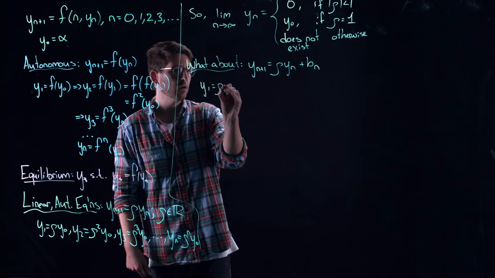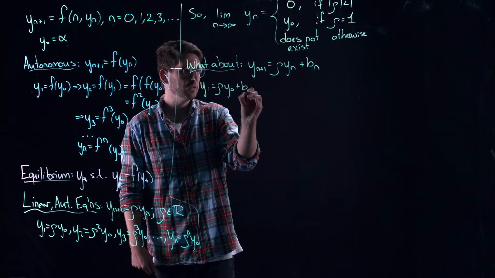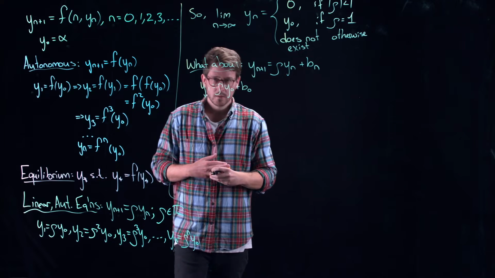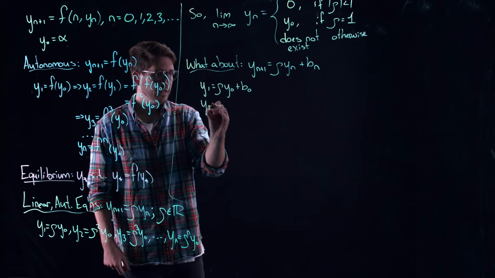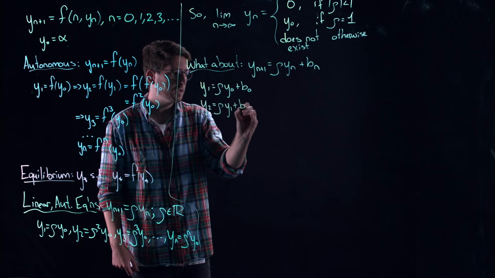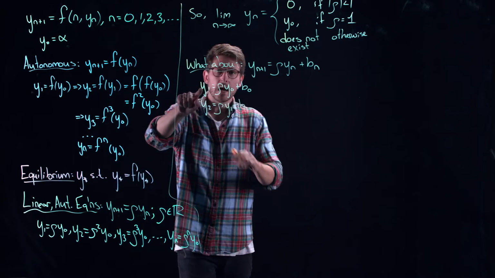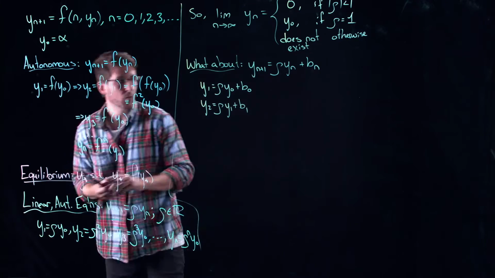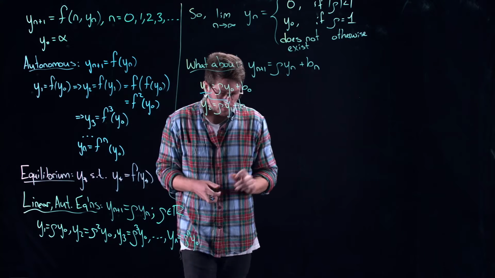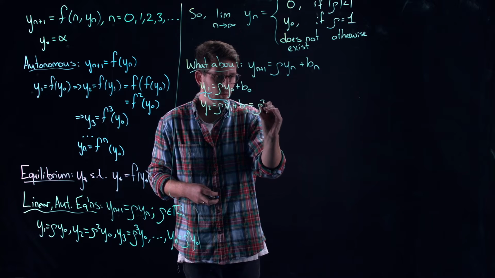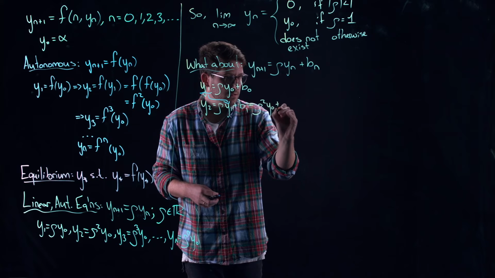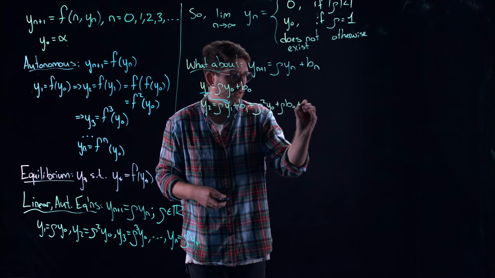Okay, let's do this. y1, well, this is rho y0 plus b0. Nothing exciting. All I did was set n equal to 0. But that tells me that y2 is equal to rho y1 plus b1, which now, if I take my y1 right here, and I put it in, and I do a little bit of simplification, I get rho squared y0 plus rho b0 plus b1.